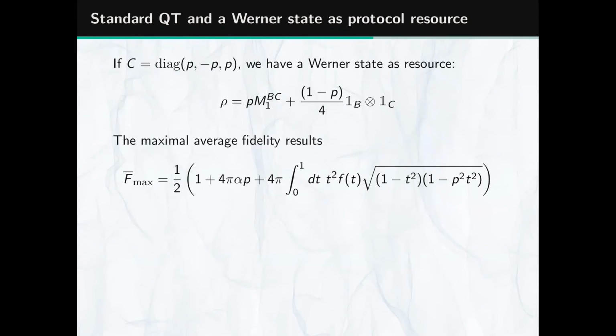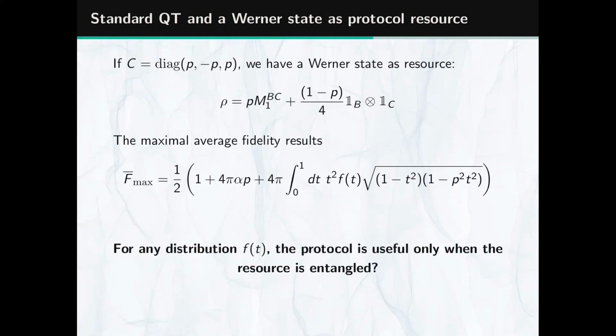Now, in order to have an analytical expression, we take a particular Bell diagonal state, a Werner one, given by this. Here we have a projection onto one of the Bell states, and the maximal average fidelity is given by this equation. And our question is whether the protocol holds the general rule.